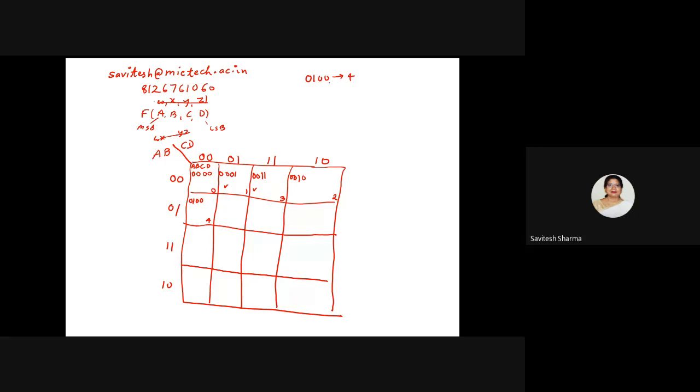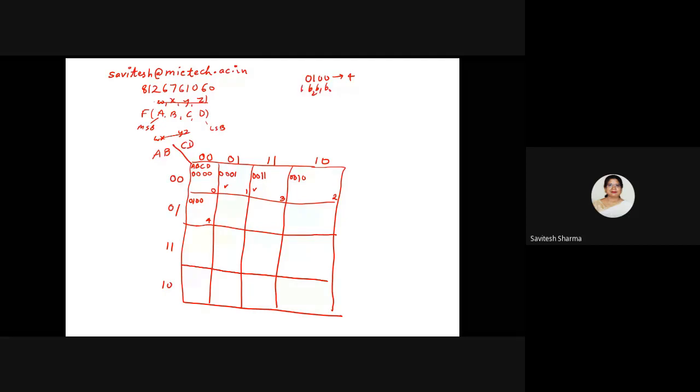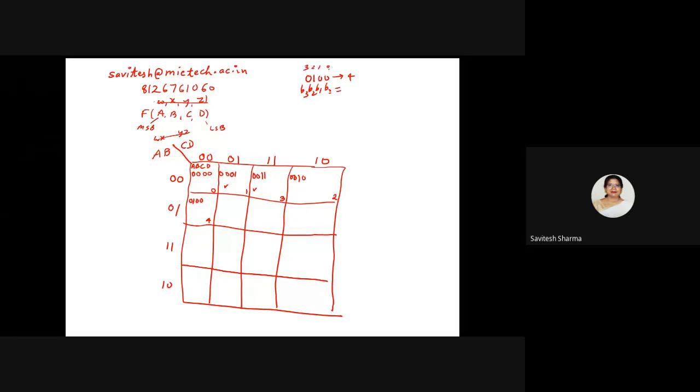Suppose this is B0, this is B1, this is B2, this is B3. I am telling you the general formula. What is this position? If you write the position number, it is 0, 1, 2, 3. This is my position number. Based on the position number, you will have a weight, the binary weight.